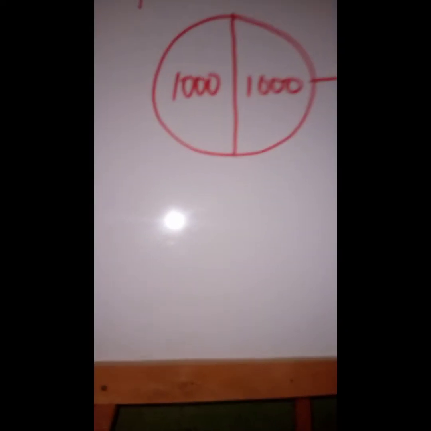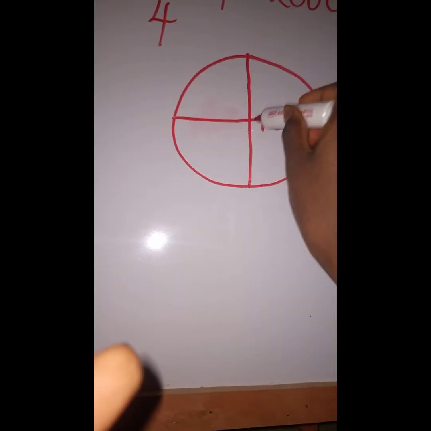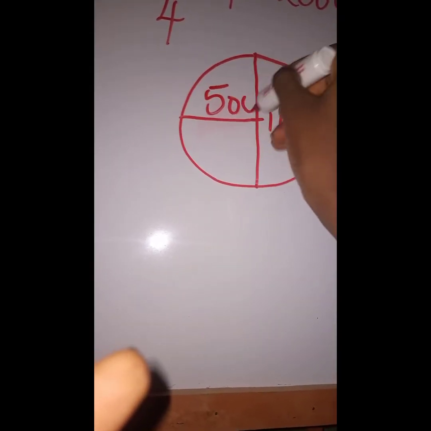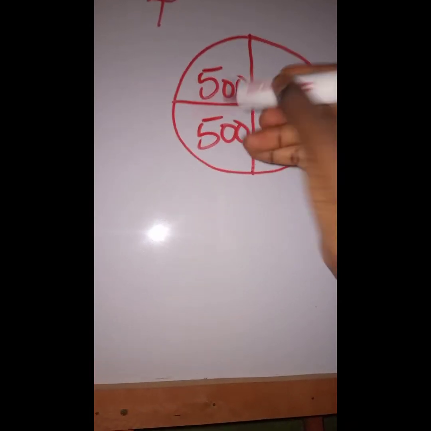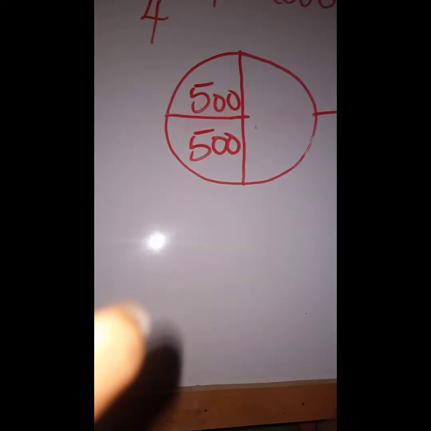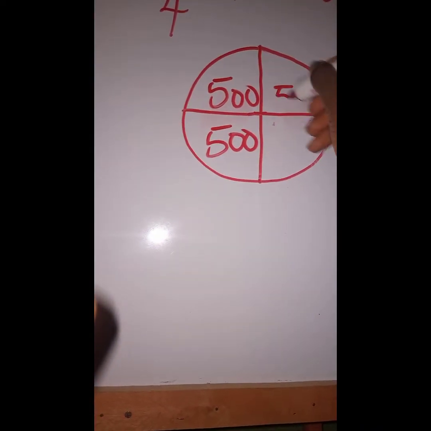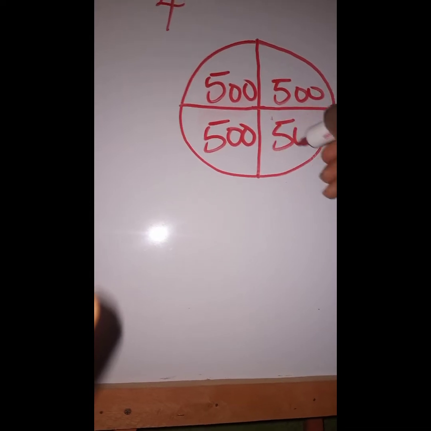So when we divide this into 2, we have our 500 and we have 500. We divide the other parts into 2 also. We have 500 and we have 500.